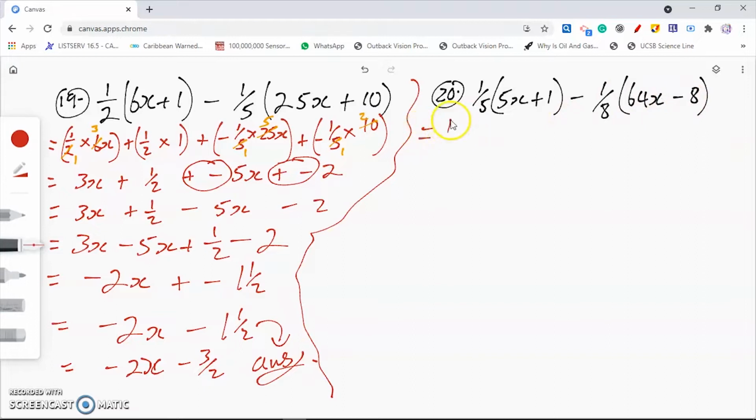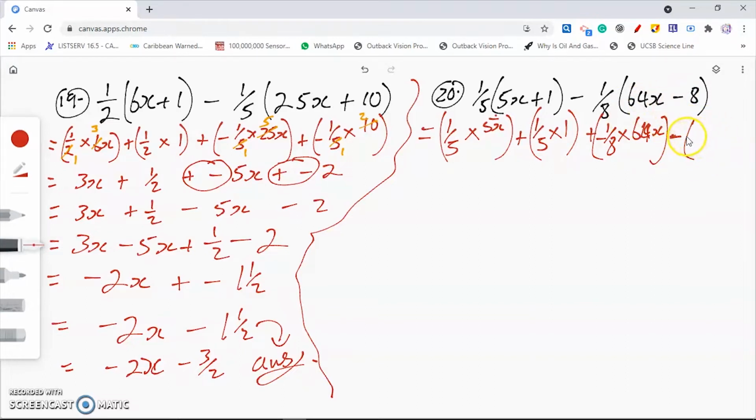So we will get 1/5 times 5x, plus 1/5 times 1, minus 1/8, plus negative 1/8 times 64x, minus, we bring down the minus sign, 1/8 times 8.